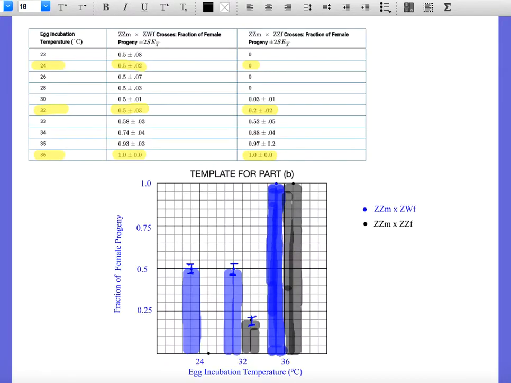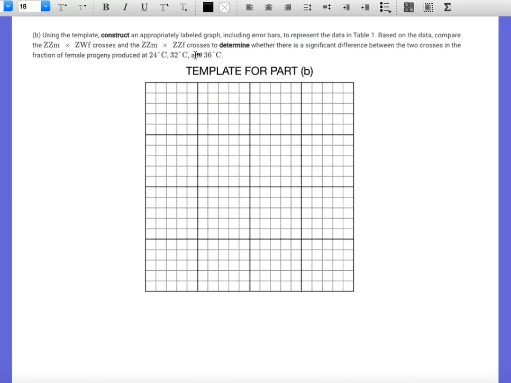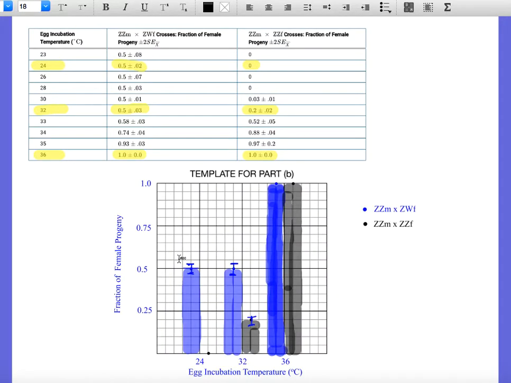And then secondly, what they want us to do is say, is there a significant difference between the 2 crosses at 24, 32, and 36? What it looks like to me is that there is no overlap of error bars here or here. There's nothing there.